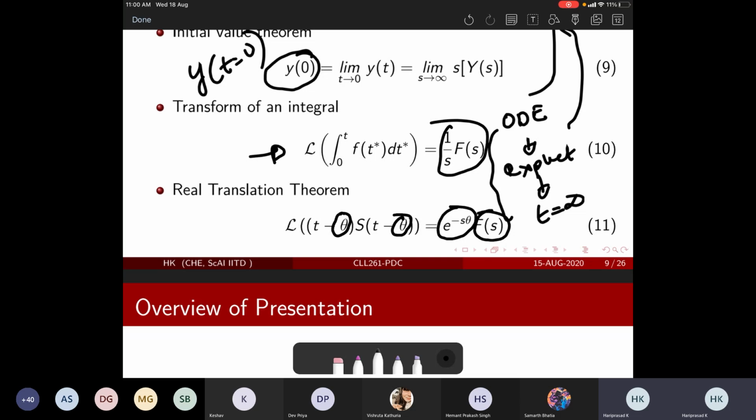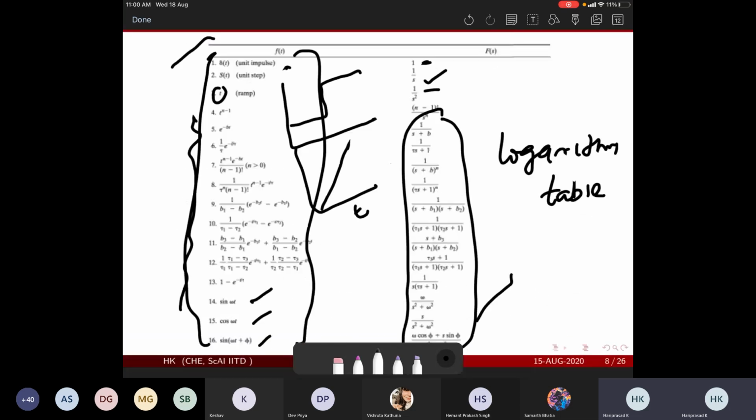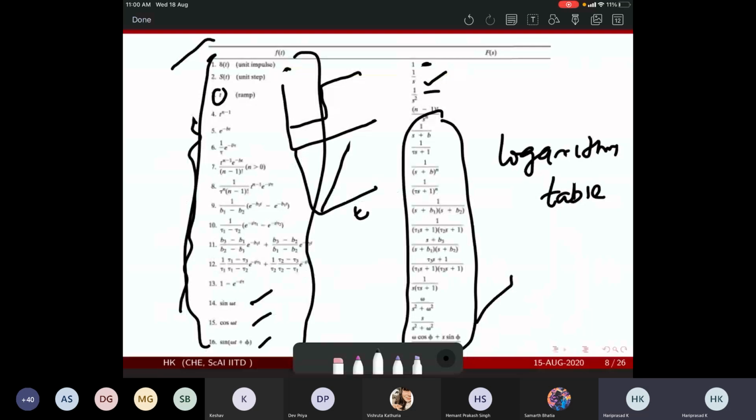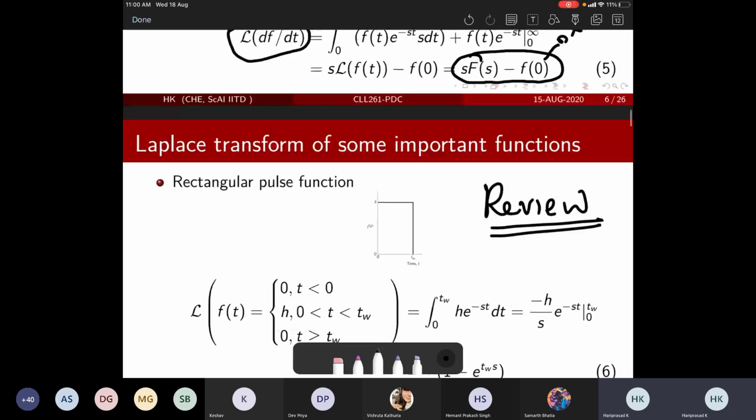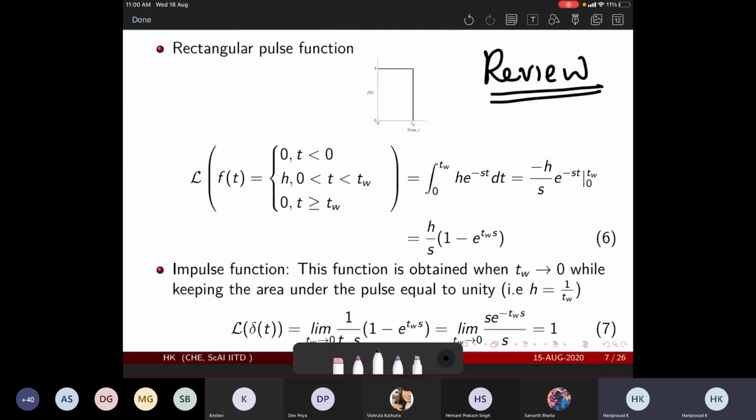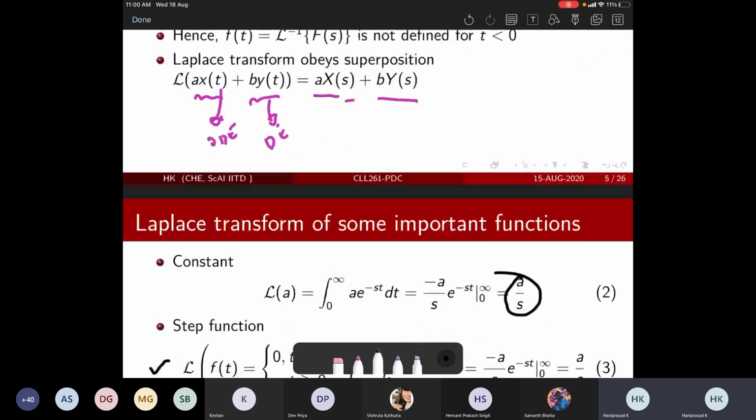Again, very nice decoupling. So all of this would be available in any standard Laplace tables. So we will use them as a tool. We will use the table and calculate. Or sometimes for some complex function like this, we may even derive the Laplace transform, assuming the first principles.